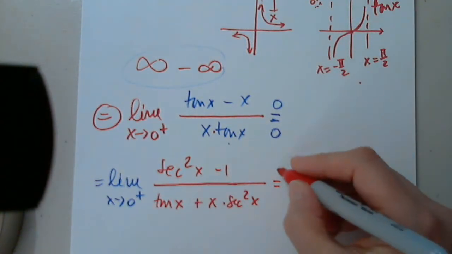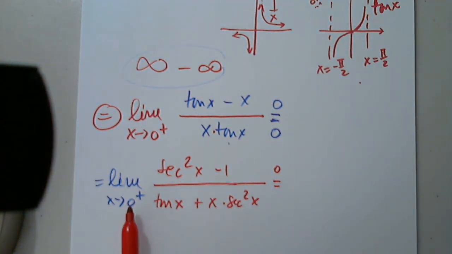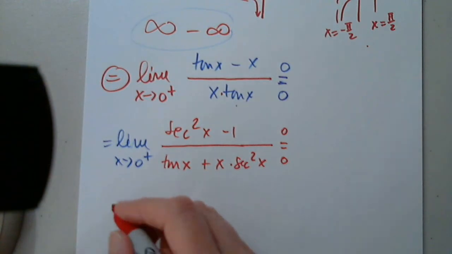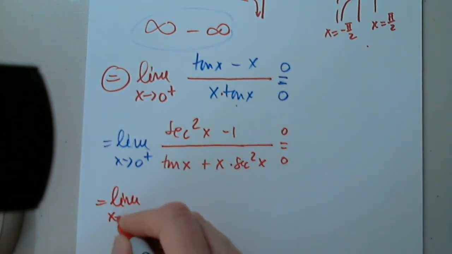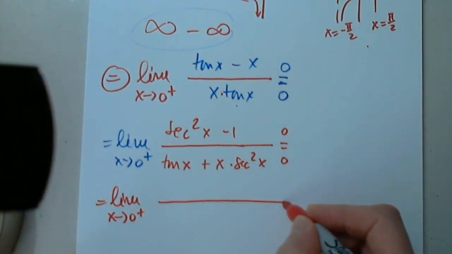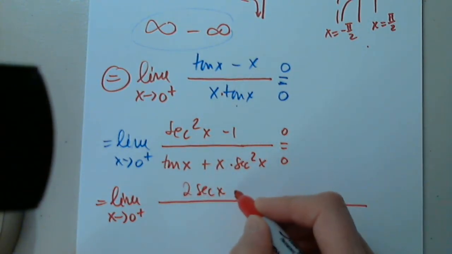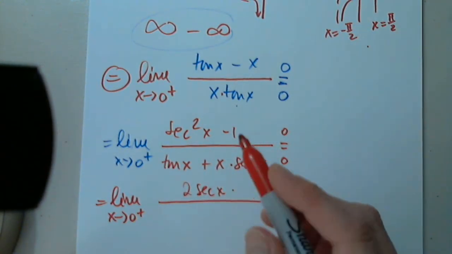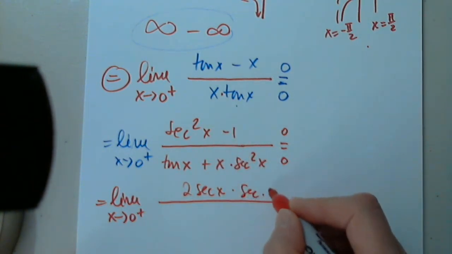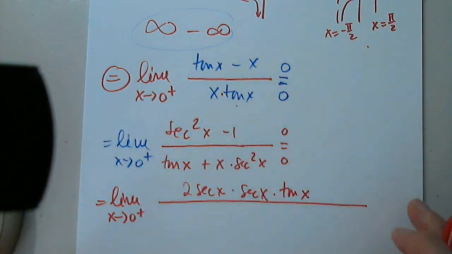I don't like it, but this is what it is. As x approaches 0 from the right, this is 0, and this is 1. Okay, I'll try again. Secant squared, 2 secant x, times secant prime, which is secant x times tangent x.